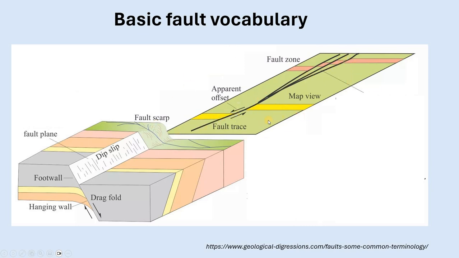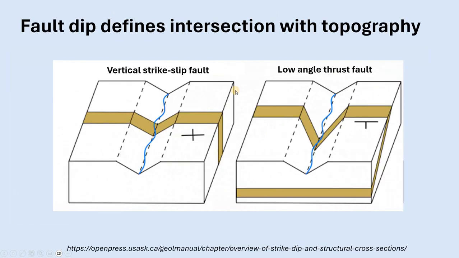This is a map view depiction looking down on the surface. Fault traces help us understand where offset might have occurred along the fault. And sometimes we'll have multiple fault strands or multiple scarps that are close by each other, and we'll call that a fault zone.